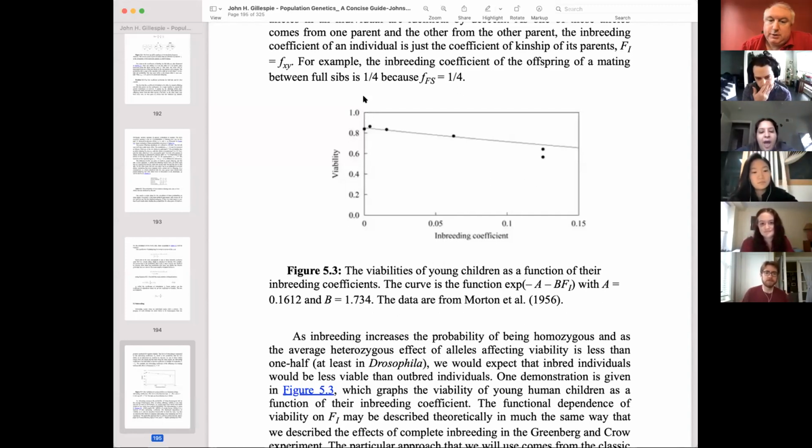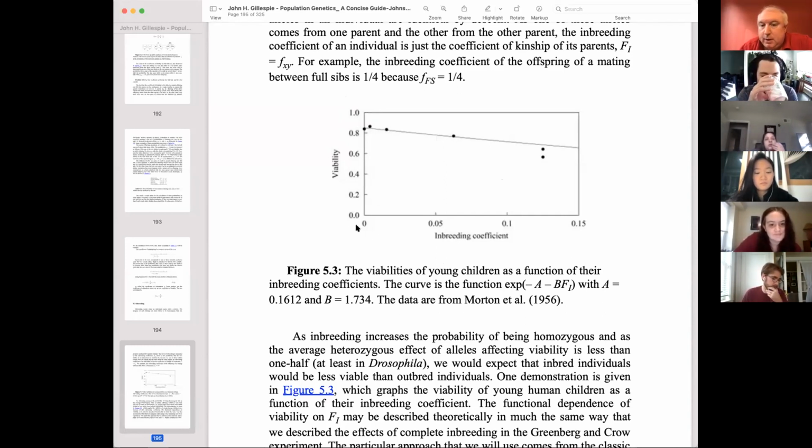Okay. So this is the actual data. On the y-axis, we have viability, and the points are something like parents unrelated. This is something like full sibs or parent offspring. This is something like half sibs or uncle niece. This is something like first cousins. This is something like second cousins.